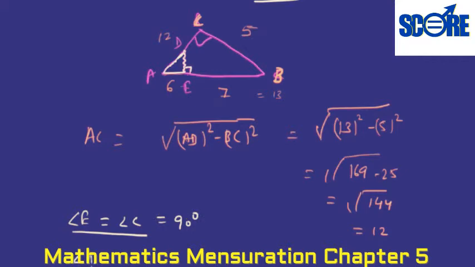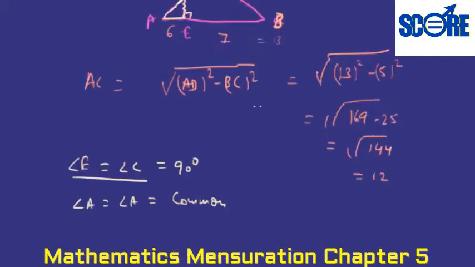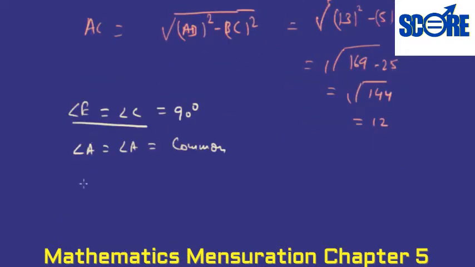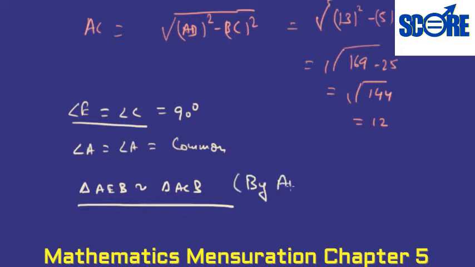Now angle A equals angle A, which is common in both the triangles. Now I can say the triangle AED is similar to triangle ACB. I have used the word similar here. This is similar by the similarity of two angles, that is AA.